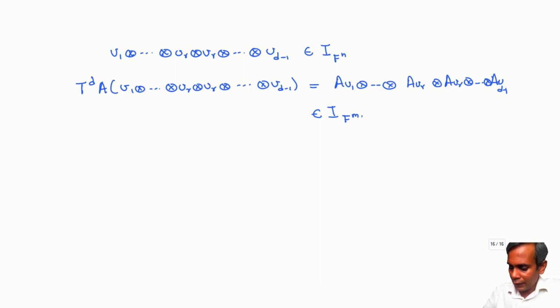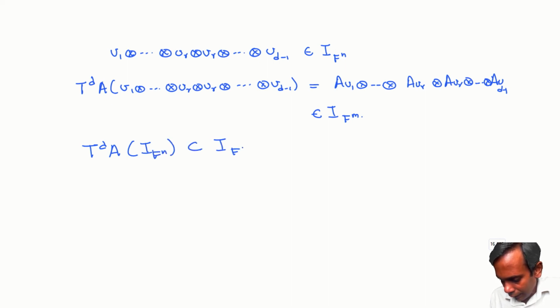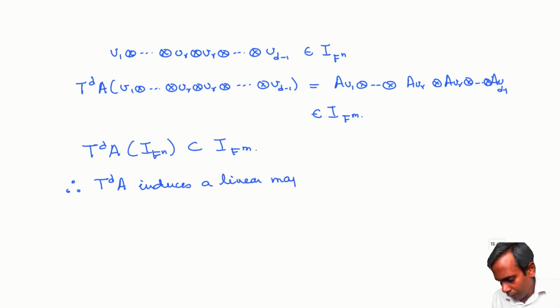So T^d A takes I(F^n) to I(F^m), and therefore T^d A induces a linear map, which I'll denote by wedge^d A, from T^d F^n mod I(F^n) to T^d F^m mod I(F^m).